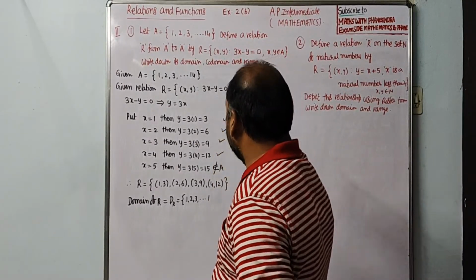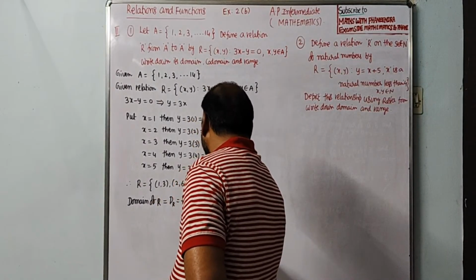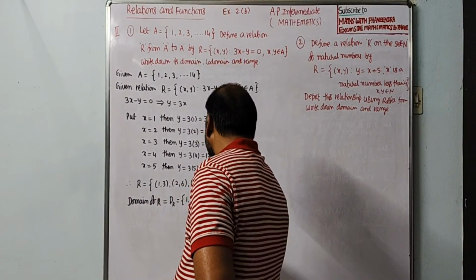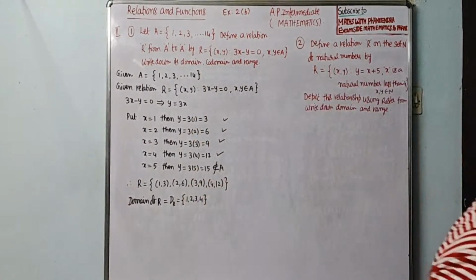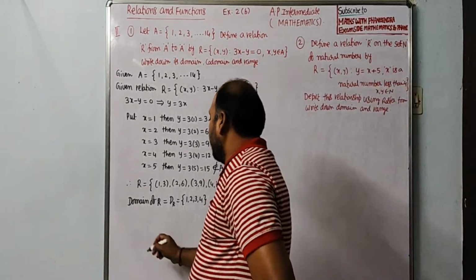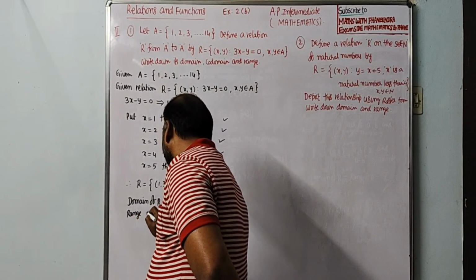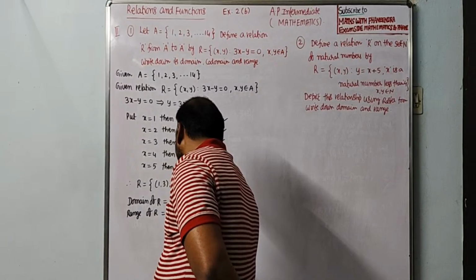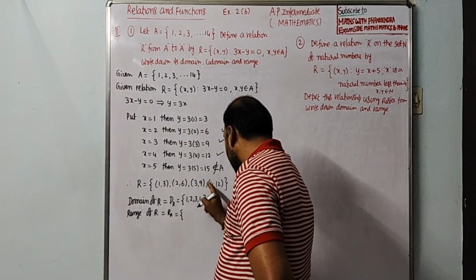So codomain is all elements, but domain is only 1, 2, 3, 4. Next, range of R. So what are the elements of range? 3, 6, 9, 12.